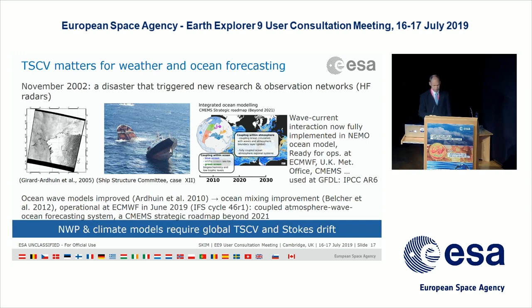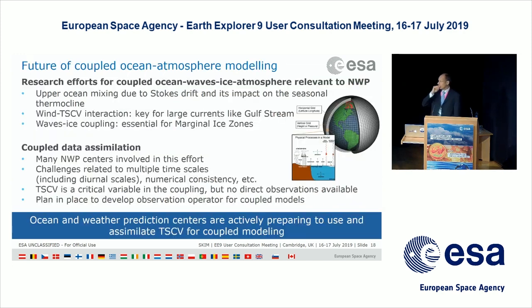But this work has not come to an end. Both research and operational communities are now working on the next steps, including recent advances in atmosphere-ocean coupling. An example of this is the eddy killing effect, which is thought to describe and allow you to identify the position of the Gulf Stream. And the errors in the position of the Gulf Stream are thought to be one of the major errors causing the reduced performance of weather forecasting in the European regions.